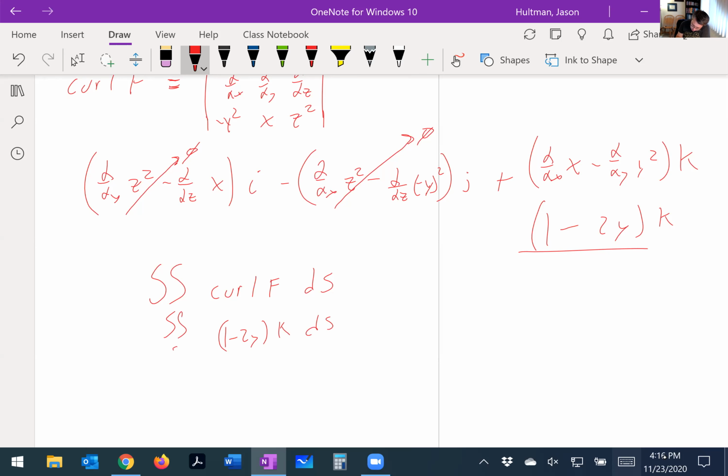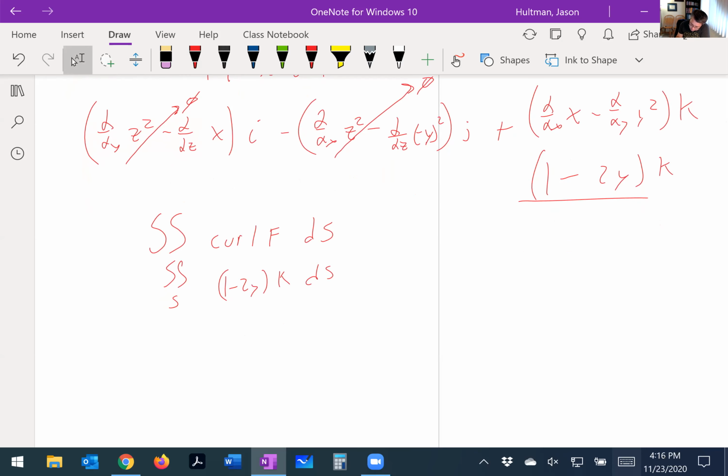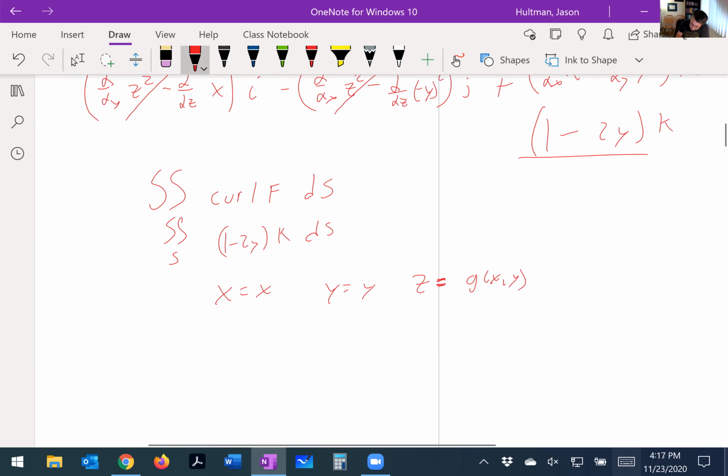Okay, dS. And so what we can do is what we did in that homework problem, where we say that we're going to parameterize this thing, where x is equal to x, y is equal to y, and z is equal to g of x, y. So the projection of the thing is just this disk.